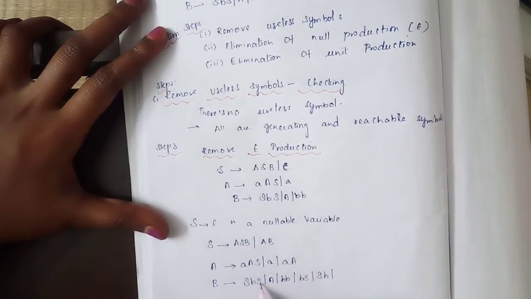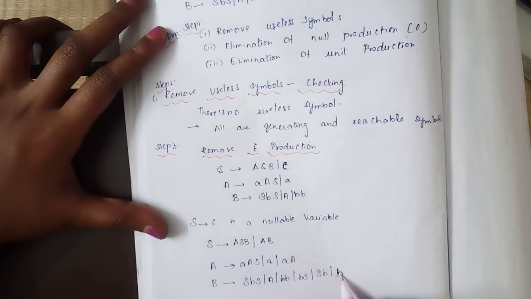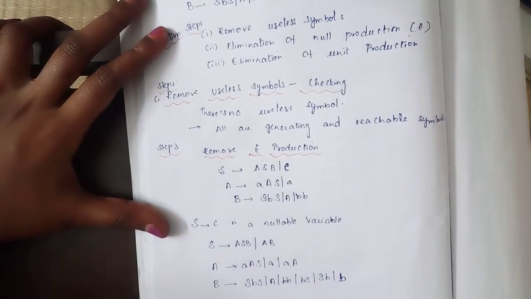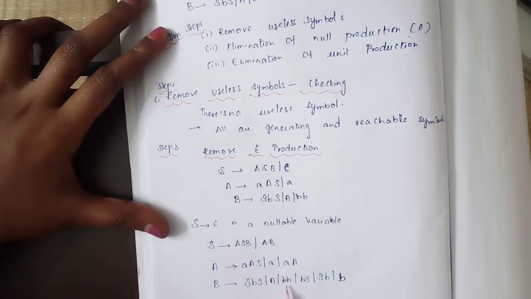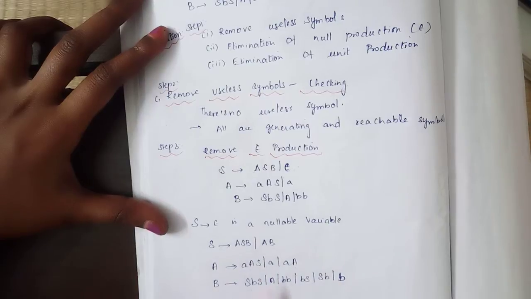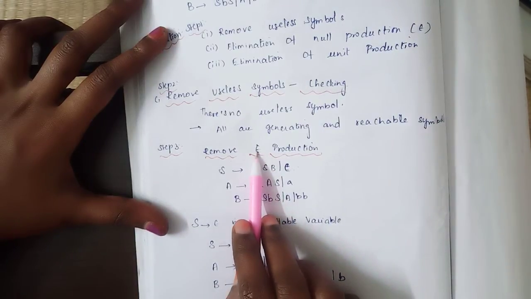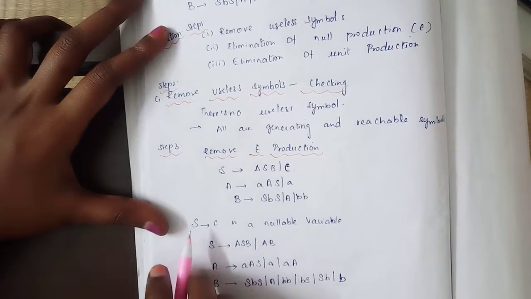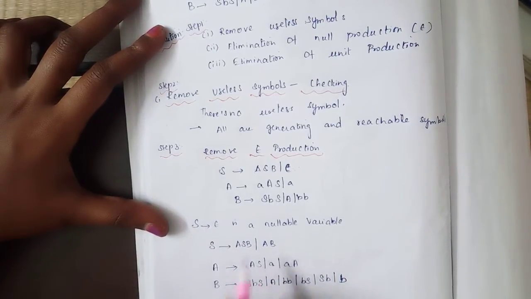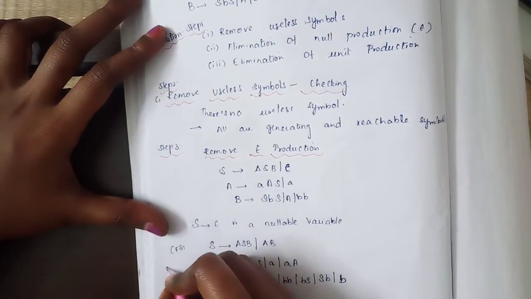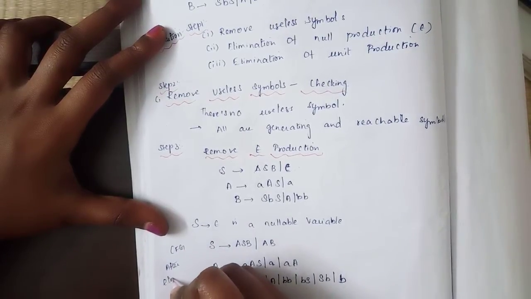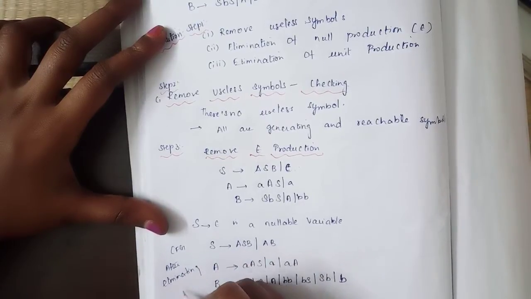After that you put epsilon on both sides, you will get B. So for SBS we will have A, bb, SB, BS and B. Now we have eliminated all the null productions, and we are getting the CFG after eliminating the epsilon production.